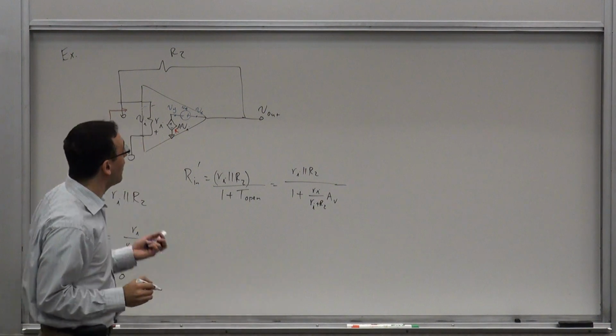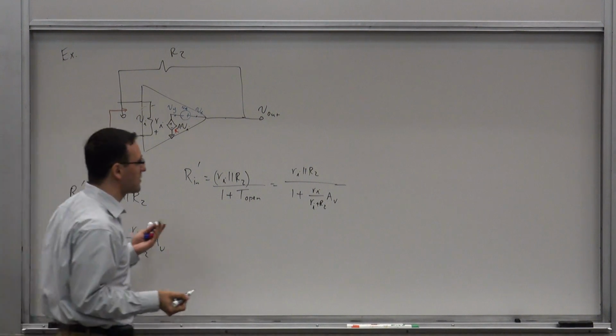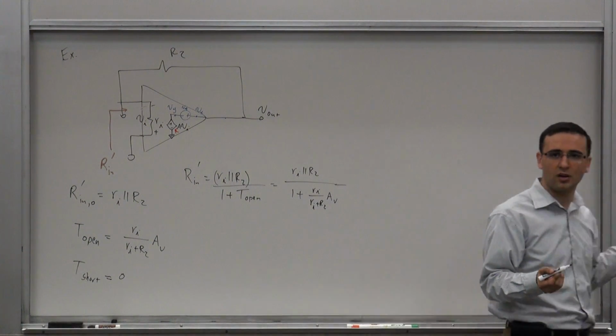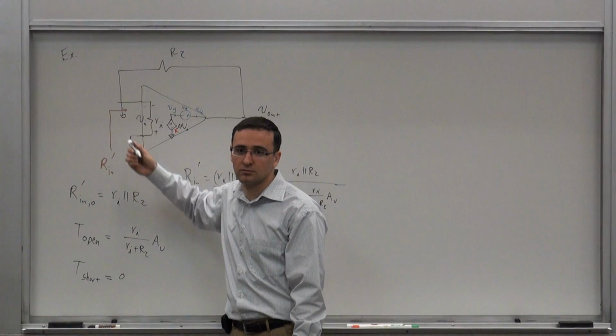And if AV is very large, what does it do to the impedance? Makes it 0. It goes to 0. The impedance becomes smaller and smaller the larger gain you have. So this is one way of achieving very low impedance at the input, if you want.